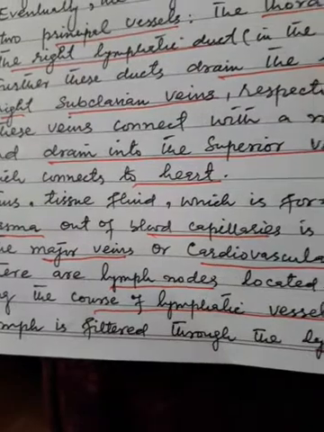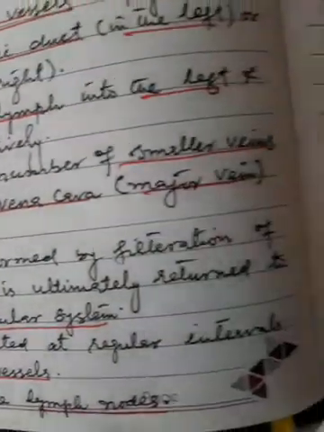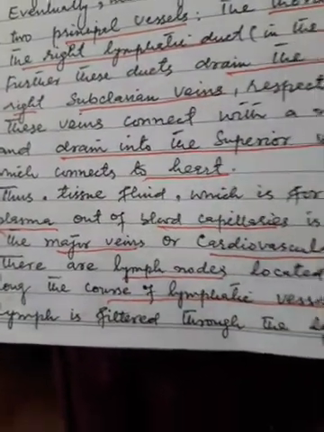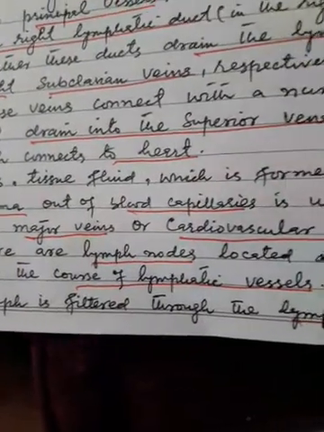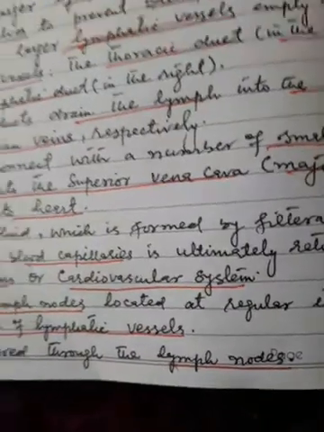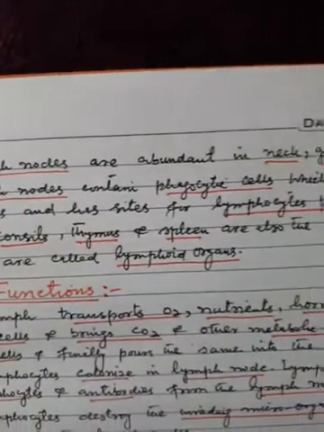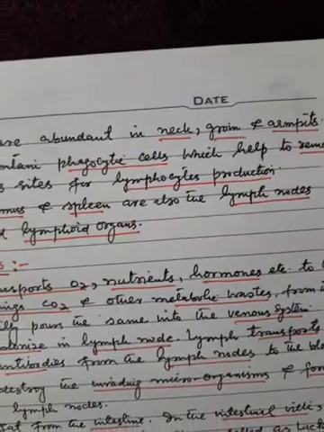There are lymph nodes located at regular intervals along the course of lymphatic vessels. Lymph is filtered through the lymph nodes. Lymph nodes are abundant in neck, groin, and armpits.